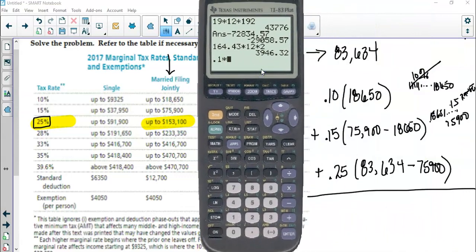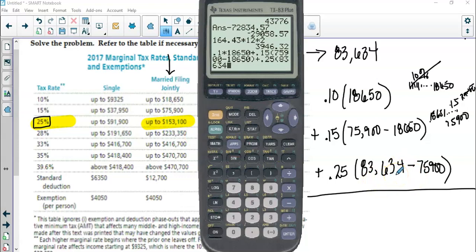So 10% of 18,650 plus 15% of the amount of dollars that are between the cap of the second one and the cap of the first one. Plus how much money, their personal cap, right? Not the cap that's here because they didn't make that. It's how much up to their amount and then subtract out the dollars they already paid tax on.